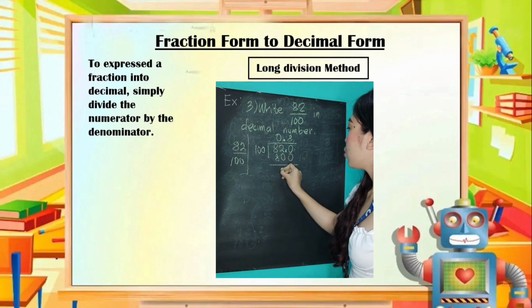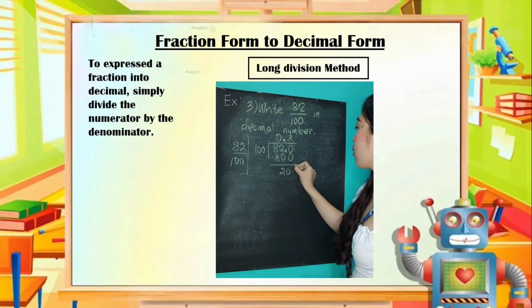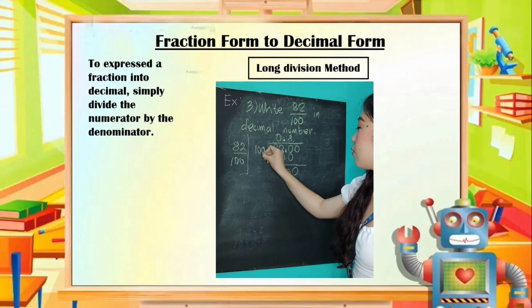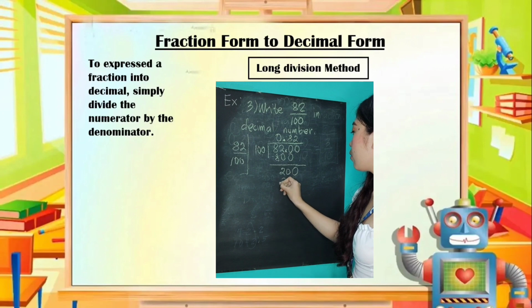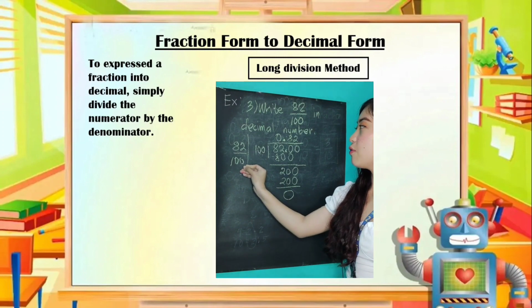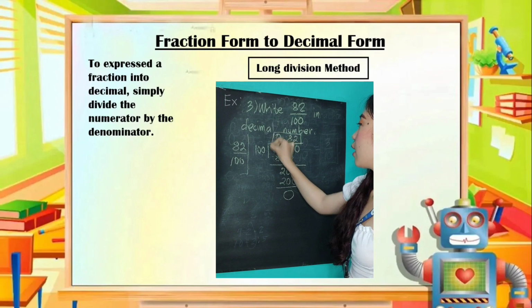So we have 20. So subtract 20. Since there is still a remainder, we need to add 0 again and bring it down. So 200 divided by 100 is 2, and 2 times 100 is equal to 200. So the remainder is 0. Therefore, the decimal form of 82 hundredths is 0.82.